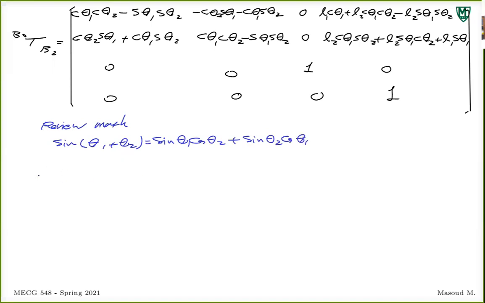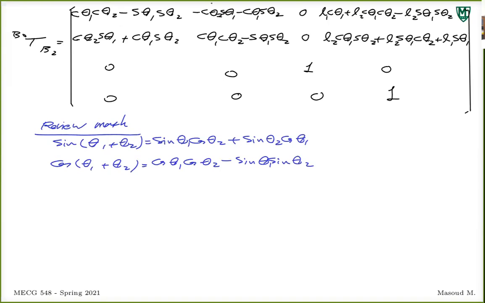This is a little bit of trigonometry there. Cosine theta 1 plus theta 2, depending on how much you work with it and how much you remember, is cosine theta 1 cosine theta 2 minus sine theta 1 sine theta 2. This is a little bit of math there.